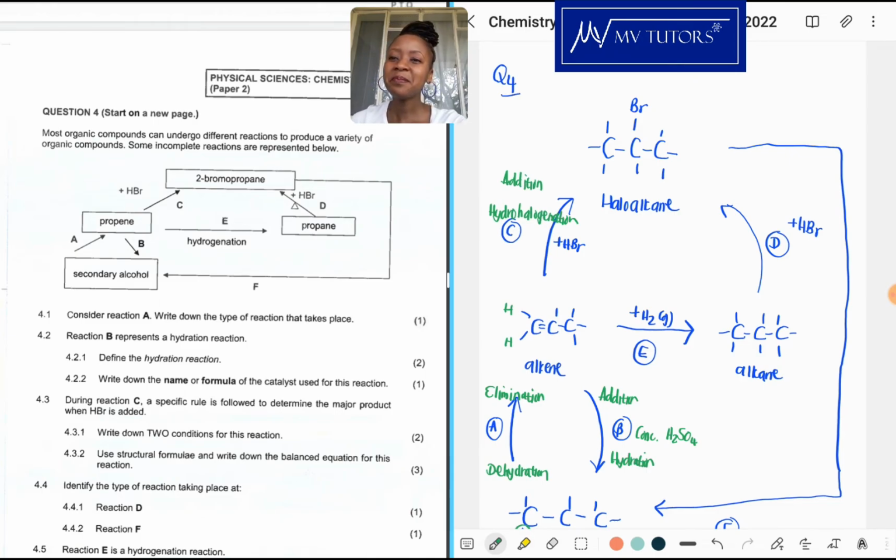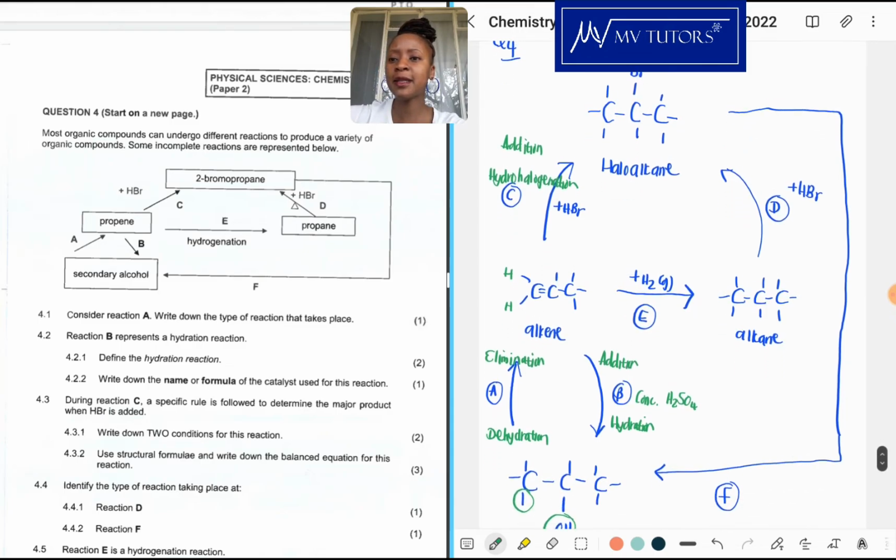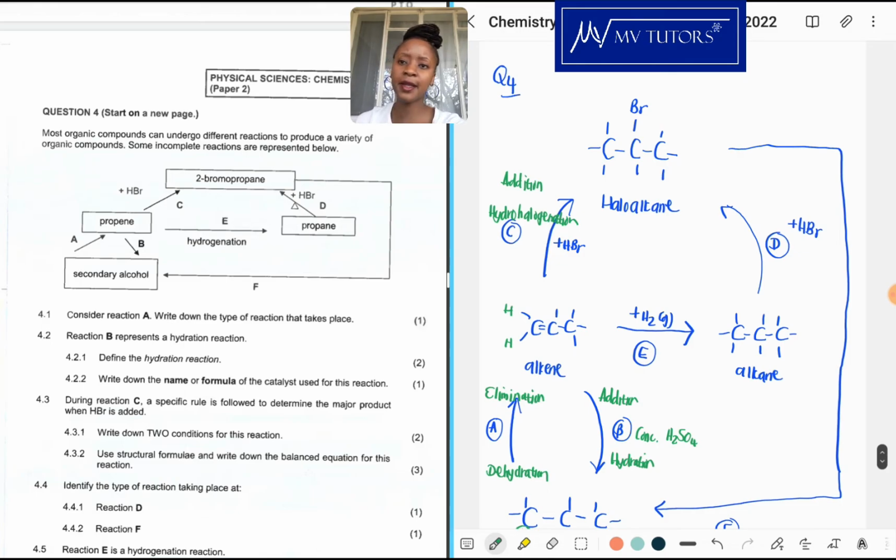Okay, then an interesting thing though, when we go from an alkene to a haloalkane, the question is, we already know where the bromine atom is, but for you to determine where the bromine atom will go, because you don't know, will it go to the first carbon or the second carbon, you're going to use Markovnikov's rule.